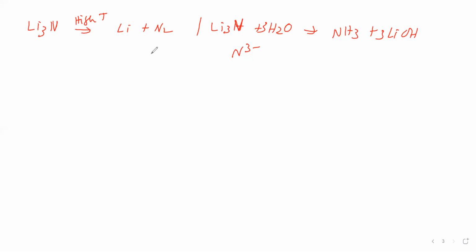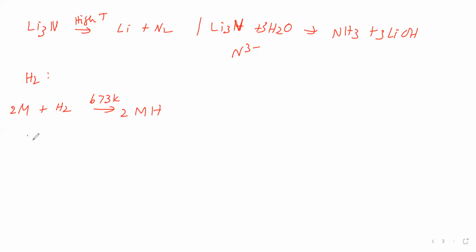Then reaction with hydrogen gas, H2 gas, we will see. Alkali metals react with hydrogen around 673 Kelvin to give alkali metal hydride.